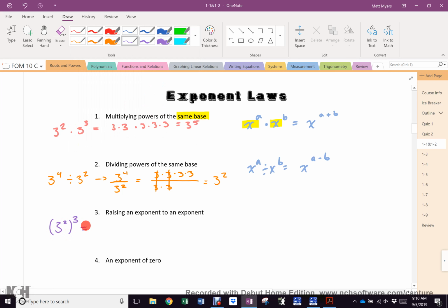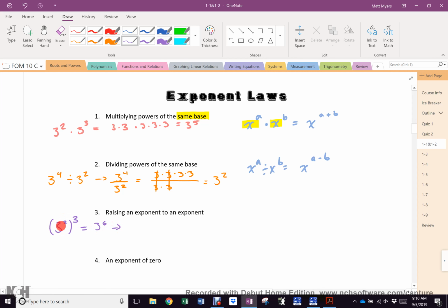Again, we all know the answer. What is it? 3 to the 9. Wait, is that a 2? It's a 2 there and a 3 there. Oh, it's 3 to the 6th. It is 3 to the 6th. That was a 3 in the 9. Why? What is the base here? 3 squared is the base, isn't it?